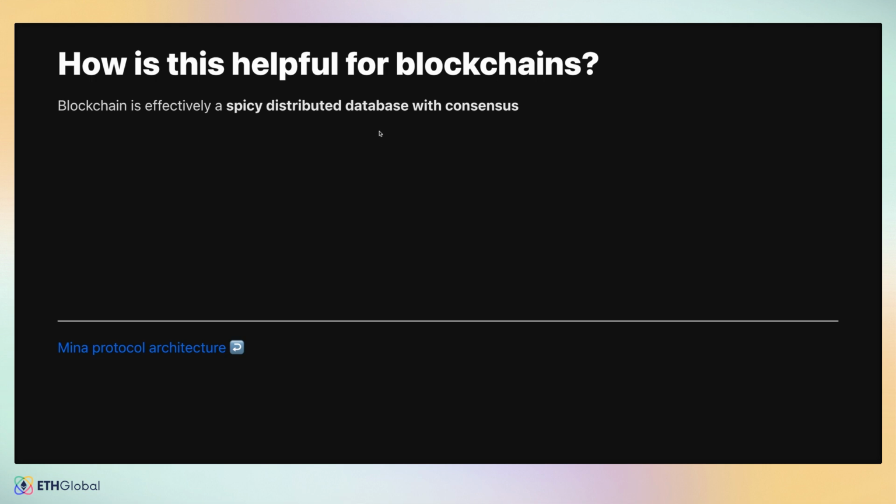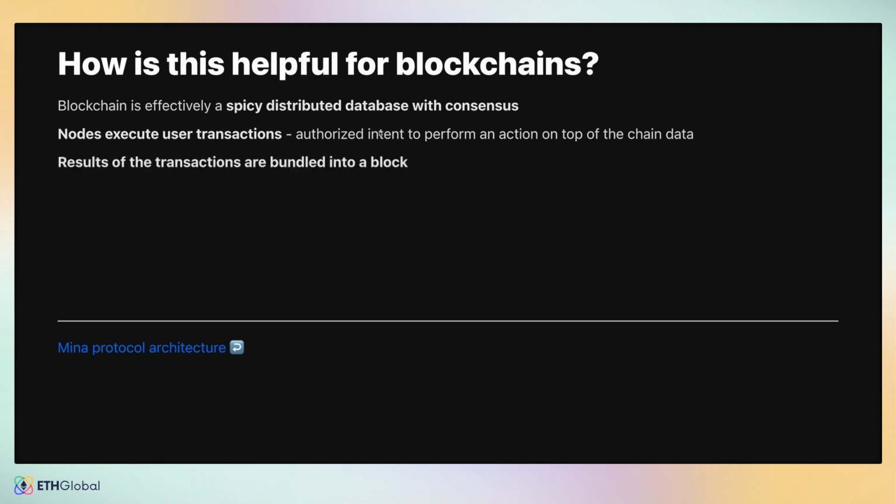So we know that blockchain is basically just a distributed database with a consensus, and it's a transactional database in effect. So what does a traditional round trip for a transaction look like? Users sign transactions which authorize their intent to perform a certain action on the chain, and then nodes or block producers execute these transactions to change the state on the chain itself.